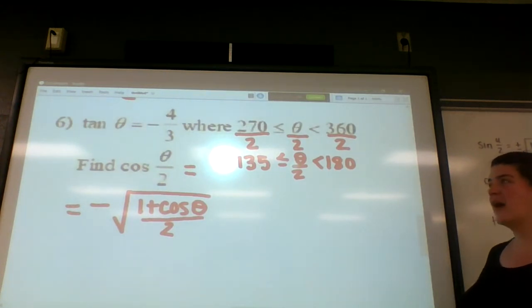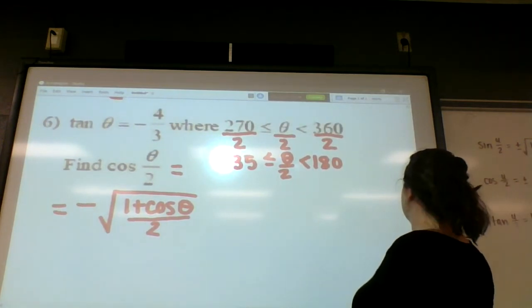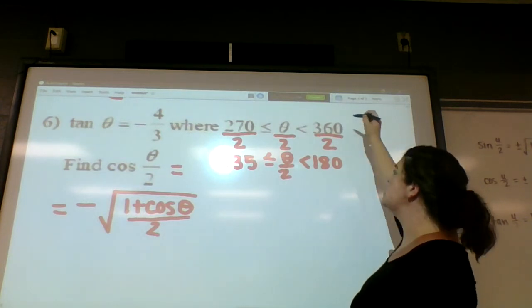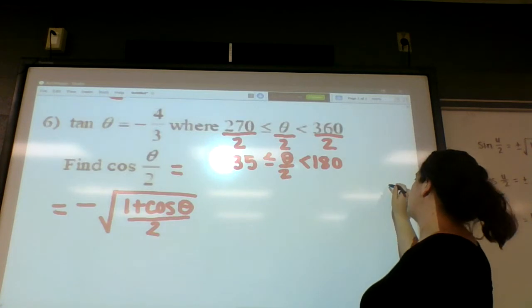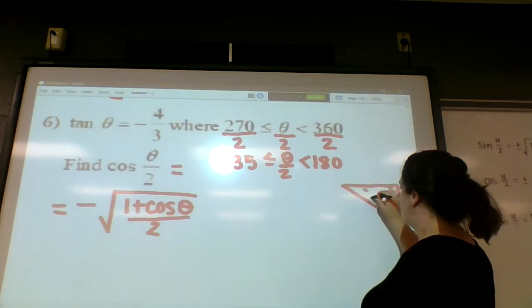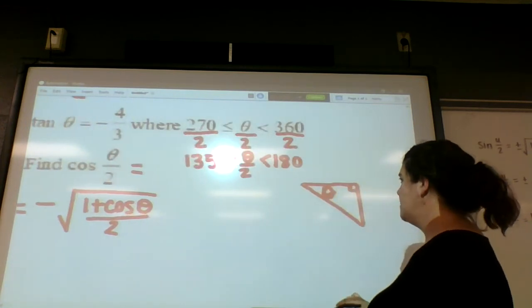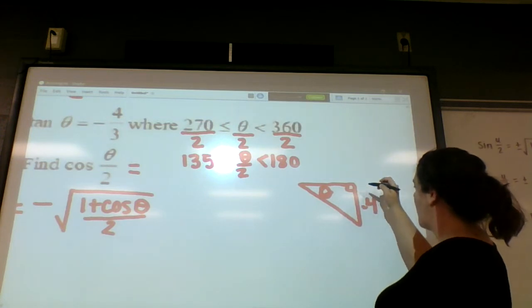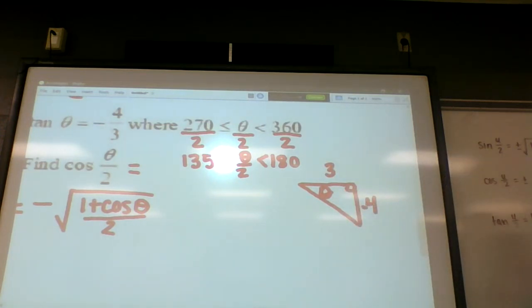So how can I find the cosine? Triangle. Yeah, make yourself a nice triangle. This is all about theta, right? Cosine of theta. So go back to the original theta. So that is technically in Q4. And in Q4, you have opposite over hypotenuse, right? And so it'll be a negative 4, positive 3.